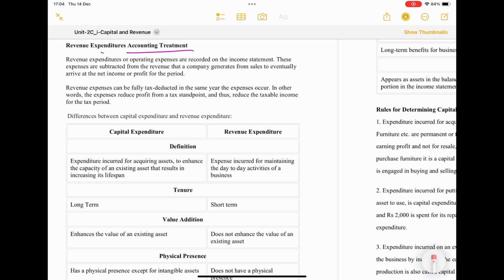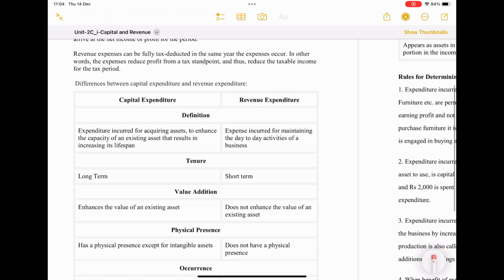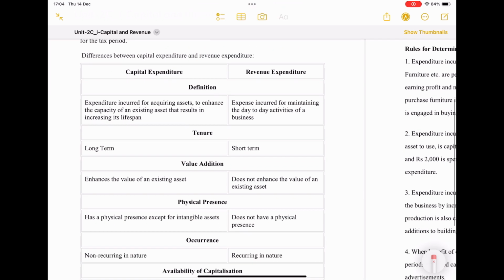Why I'm going to explain the difference between revenue and capital expenditures is that there is a chance, maybe for 5 marks, they might ask for 2 marks, or they might ask a 5 or 6 marks question on this.